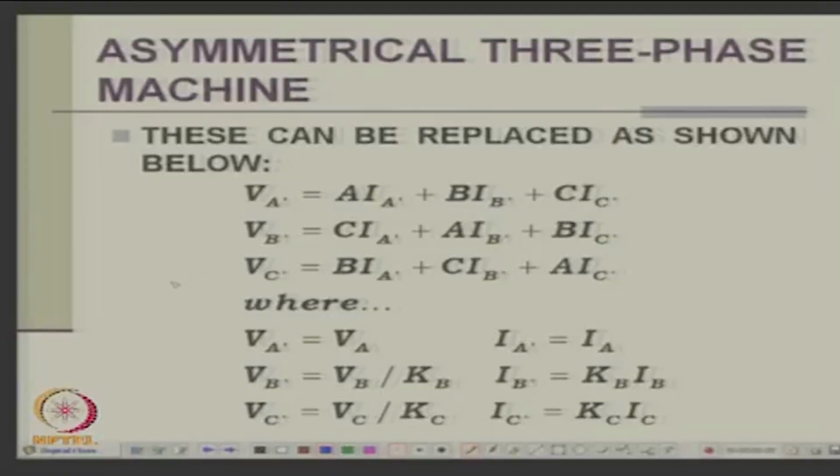Then you can refer them to the same reference terms. So, you can have VA dash, VB dash, VC dash, which come to be the same as the standard equations. So, VA dash is VA and IA dash is IA, VB dash is VB by KB, VC dash is VC by KC, and basically referring is done, okay. Since we have done it several times, I thought let us not elaborate. So, all you do is, if you want to make your equations manageable, you refer all the parameters, voltages and currents into the referral winding terms, okay.